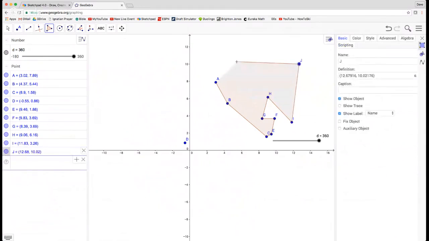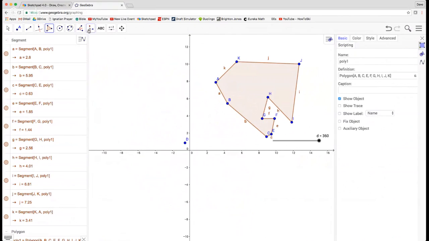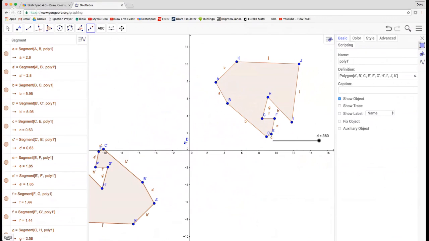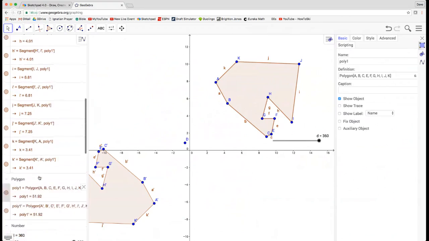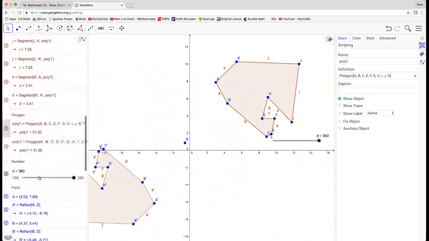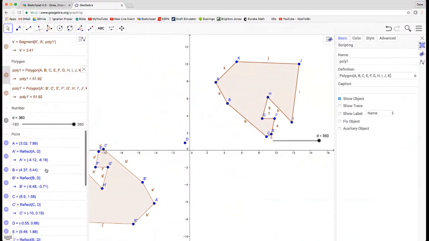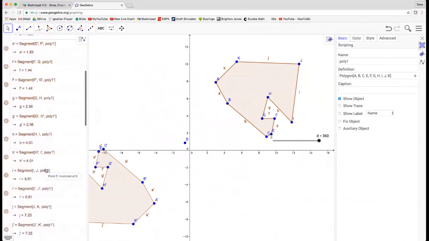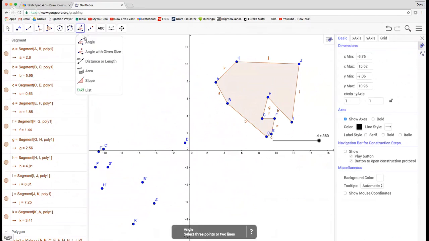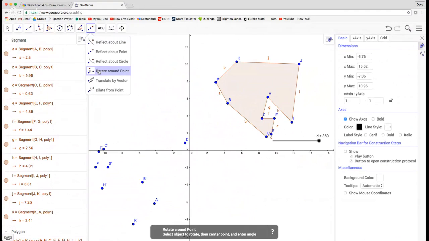We can make it like this, and we want to rotate this guy around D. So we're going to say we want to rotate around a point.